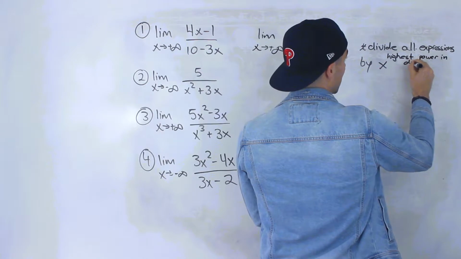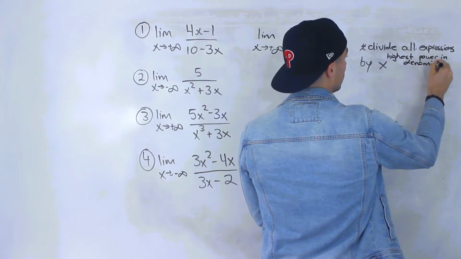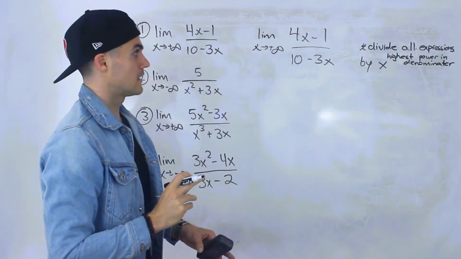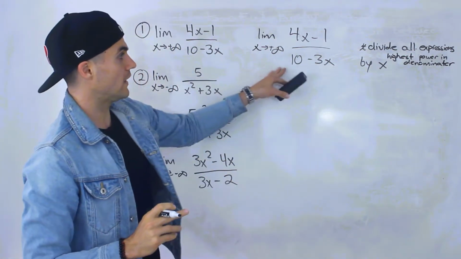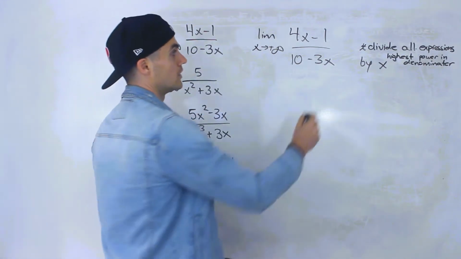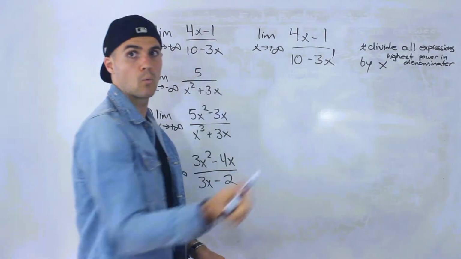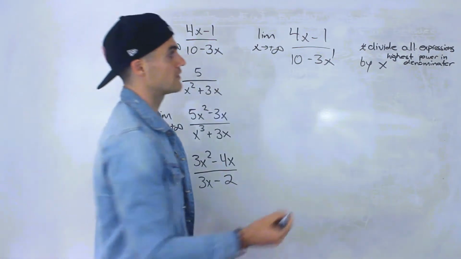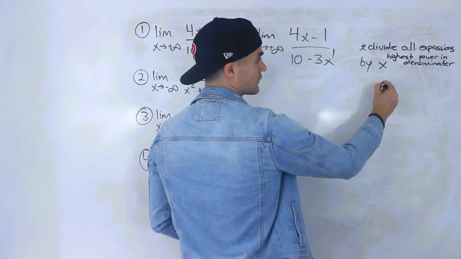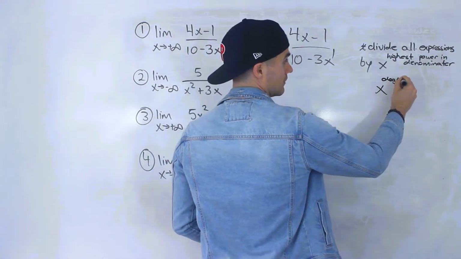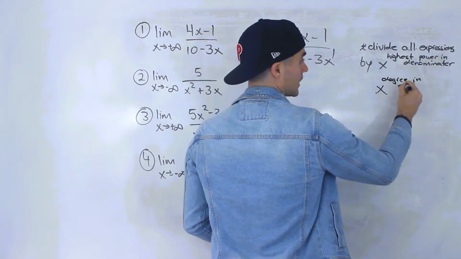Not in the whole expression, just in the denominator. And notice that the highest power in the denominator is going to be 1 in this case. Another way to word this is dividing everything by x to the power of the degree in the denominator.